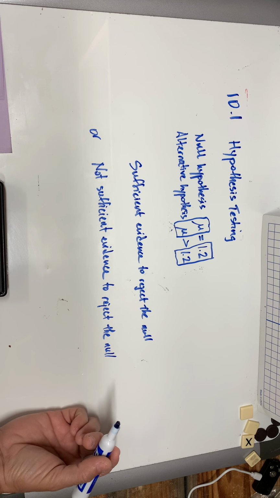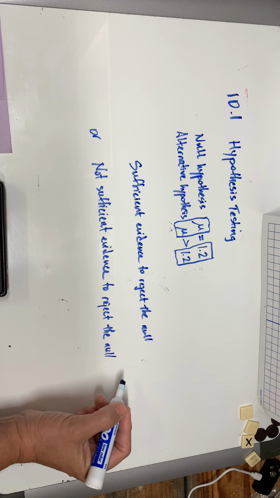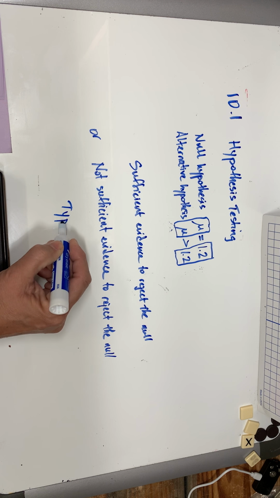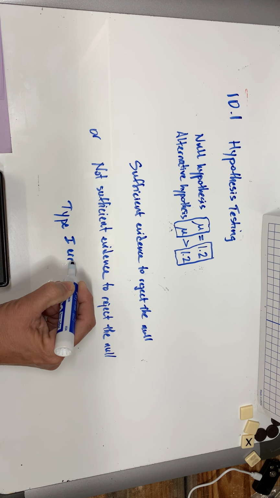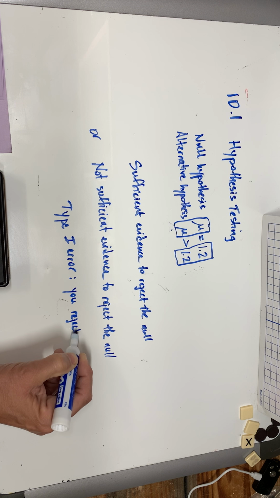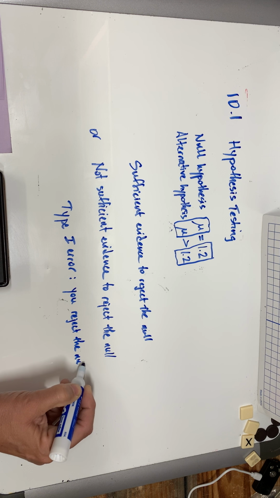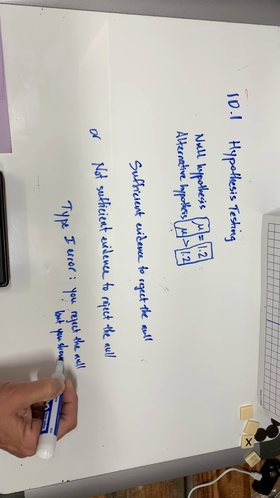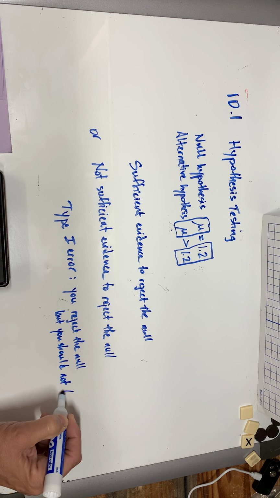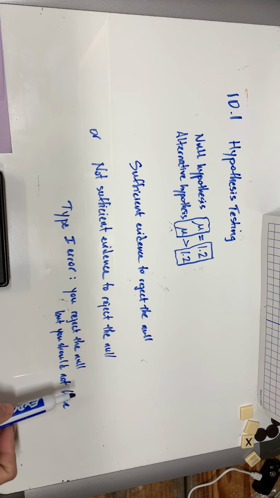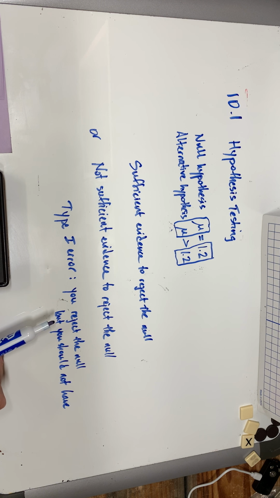So this is what's called a type 1 error. So a type 1 error is when you reject the null, but you should not have. Now, as you're going through the questions in 10.1, read it carefully, because they have a lot of funny ways of saying this statement, okay?